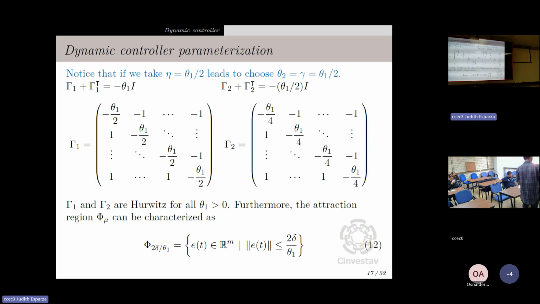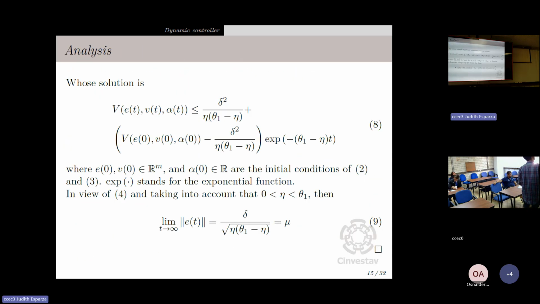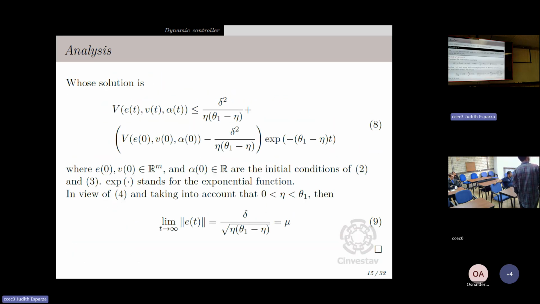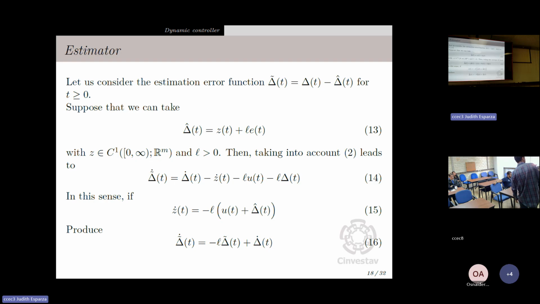So from this point, we parameterize the whole controller, and we analyze the dynamic controller. We only avoid this term, which is an estimate of the unknown information, disturbances, and so on. For this delta, we propose to use a simple estimator.